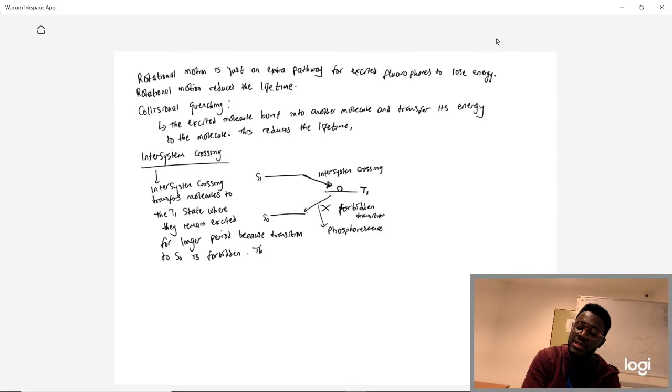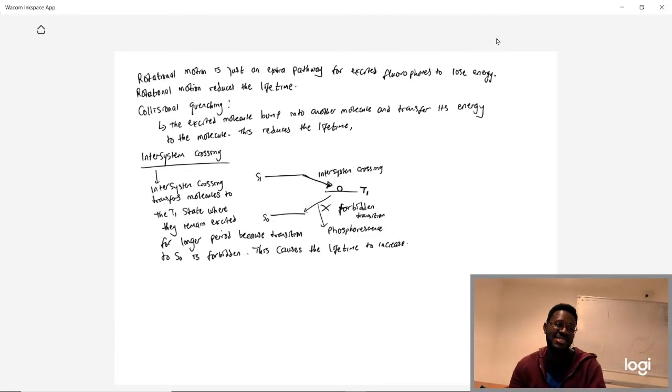This causes the lifetime to increase. Okay, so that's intersystem crossing.